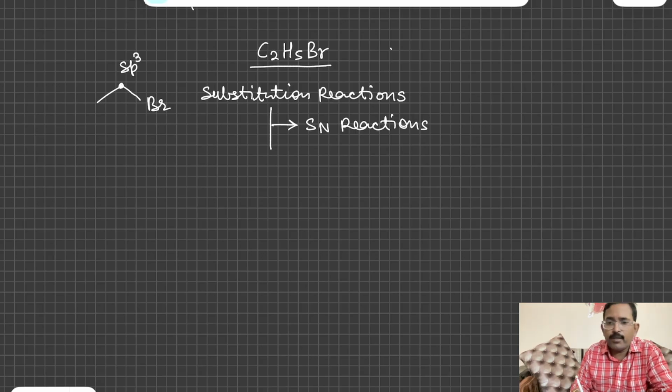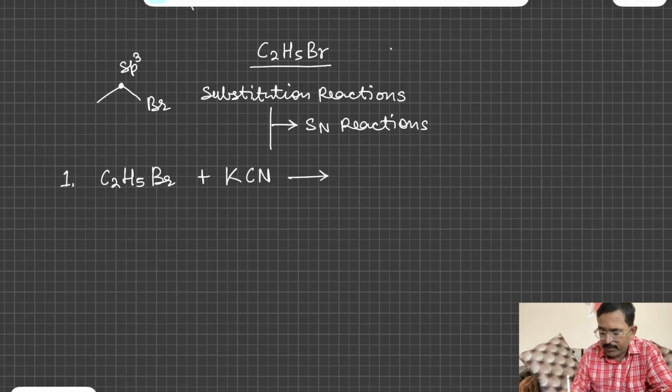Before we go deep in this discussion, there is a set of 6 reactions which are really very important, and first of all we are going to learn those reactions and then we will discuss the technical things related to them.